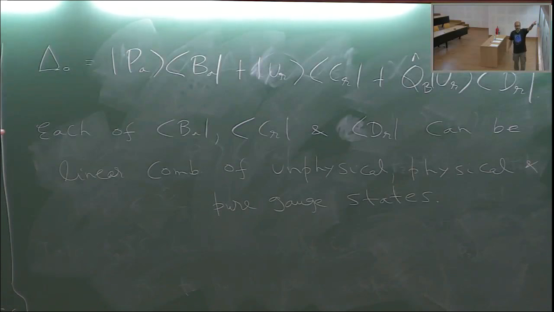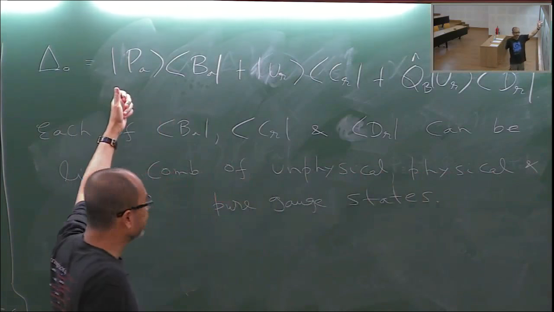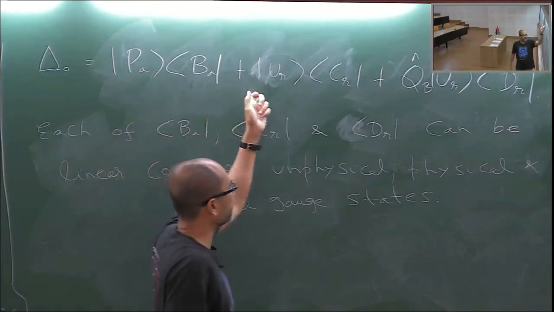Now this delta naught that I have written automatically satisfies condition 2 and condition 3, because that's the way the bases have been chosen. B naught plus delta naught, why is it 0? Because B naught plus, when applied on PA, by definition annihilates all of these.